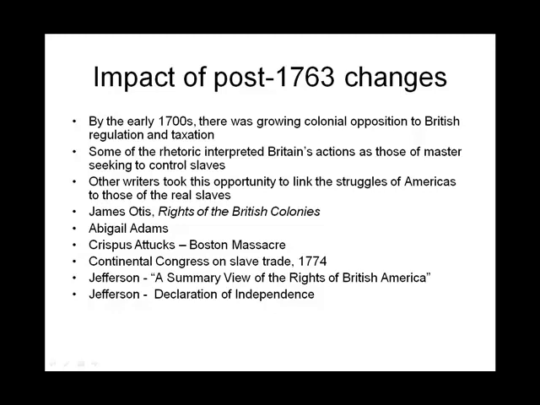Thomas Jefferson publishes a pamphlet called A Summary View of the Rights of British America, in which he states that the abolition of slavery was the great object of desire of the colonies, but it had become increasingly difficult because Britain blocked colonial efforts to end the slave trade. It's a convoluted way of thinking, especially for a Virginia planter.